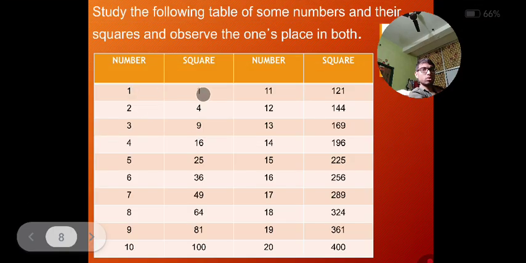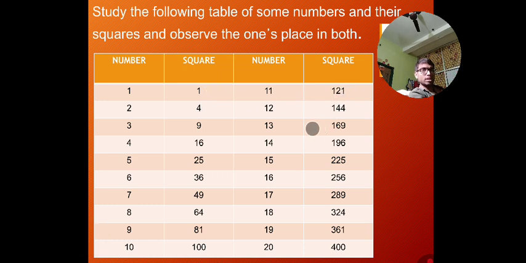The main focus is the unit place. This is 1, and 1 is coming. Same here, 4 is coming. This is 9, and here 9 is coming. 6 is coming. This is 4, and here is a 6. So here at the end is 6.